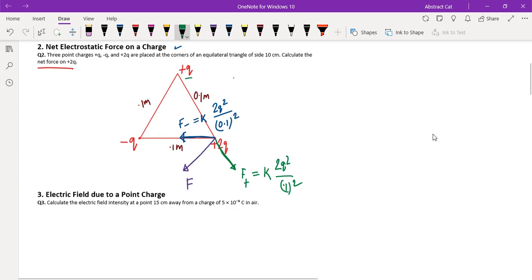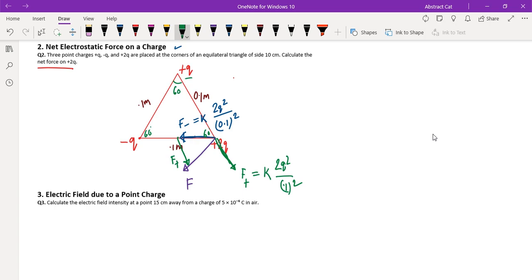Now, for the equilateral triangle, this angle is 60, this angle is 60, this angle is also 60, all the same angle. Now if we try to solve this, I draw a parallel of this F plus vector here, that is F plus. So that is F minus and that is F plus.